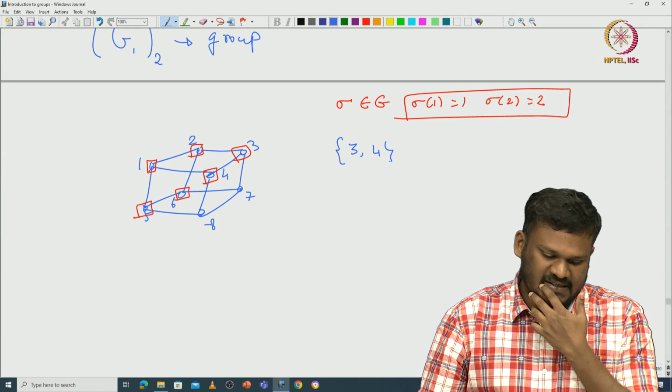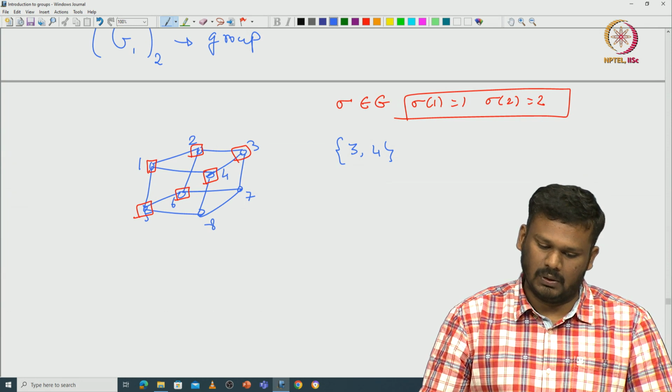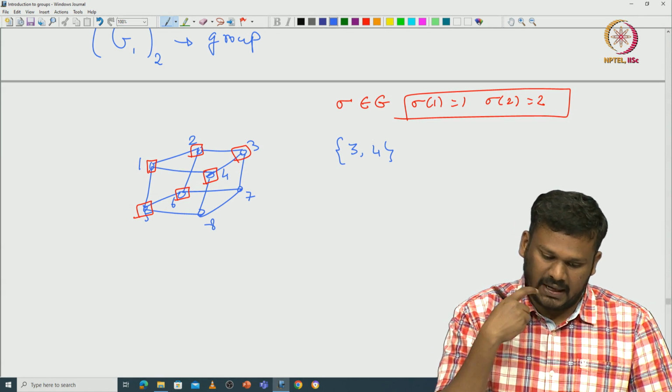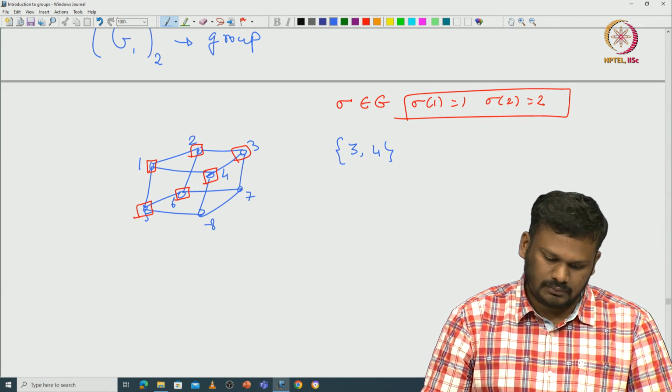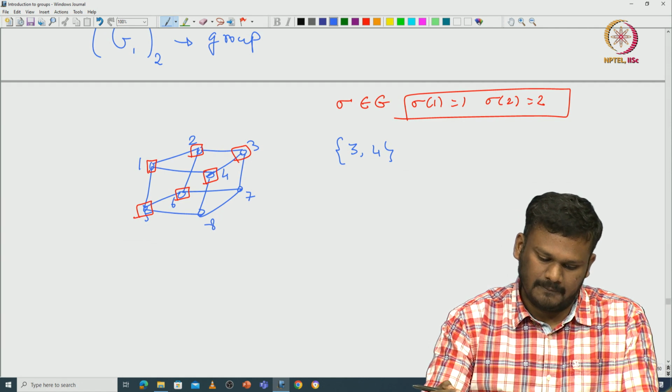So, you can see that 3 is actually connected with 2. Then the sigma of 3 has to be again connected to 2. Similarly, the sigma of 4 should be connected with 1.